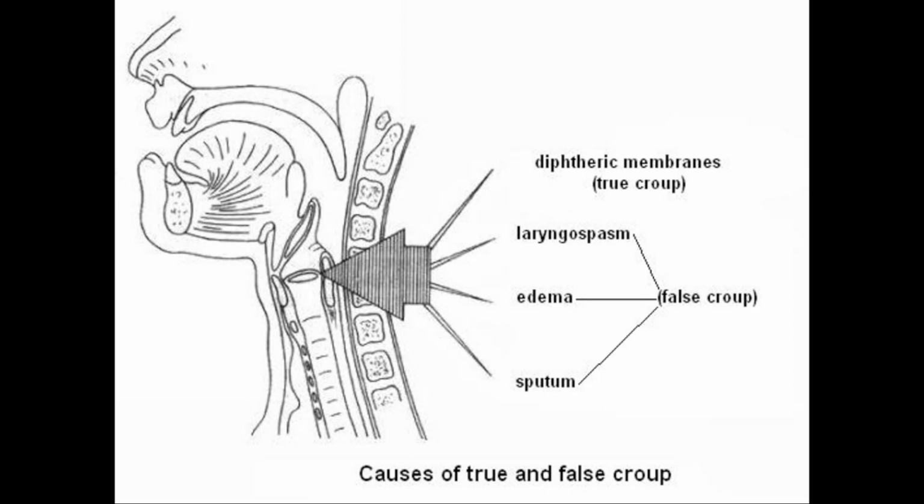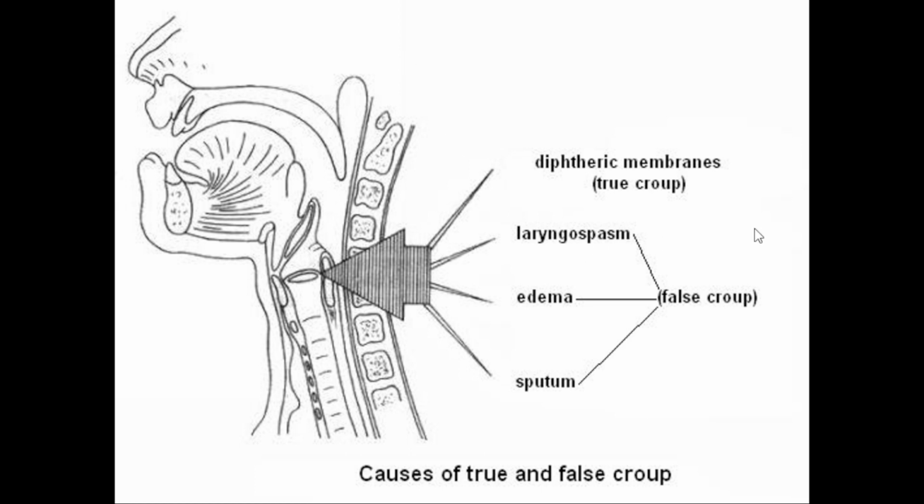Again, diphtheritic membrane is the cause in true croup. It's due to membranes, while false croup, which may occur in some respiratory infections, more often in parainfluenza, is due to sputum, edema, and laryngospasm plus a small larynx by itself.